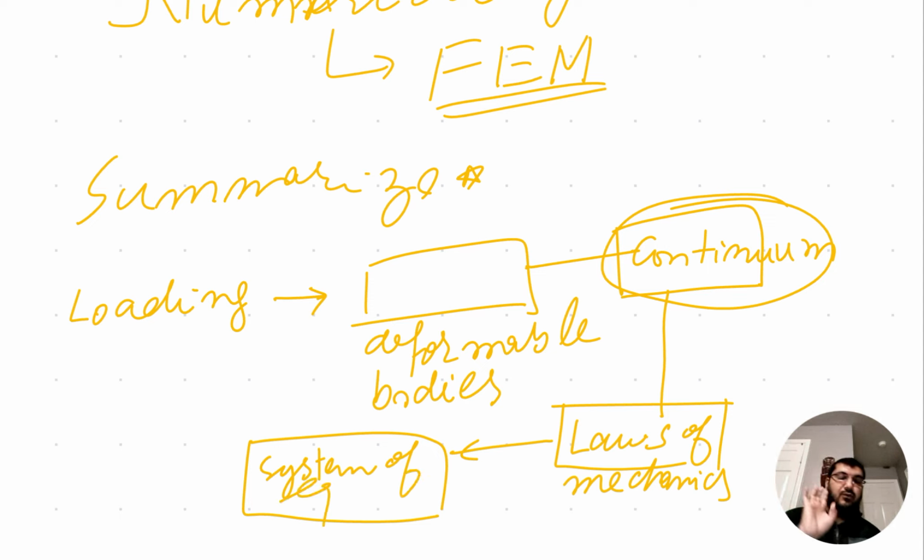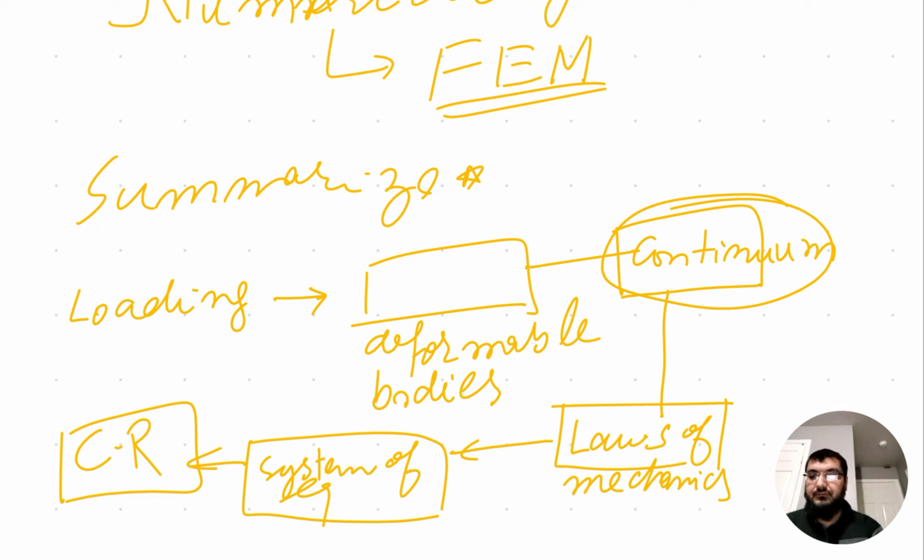Up till now, we have 4 equations: 3 equations of conservation of momentum, 1 equation for conservation of mass, and 2 equations of conservation of heat. Up till now, we did not classify the material. So the stage where we define our material is the constitutive relation, in order to close our system. When we formulate the constitutive relation, there are different rules which we obey. I will describe these in my later videos.